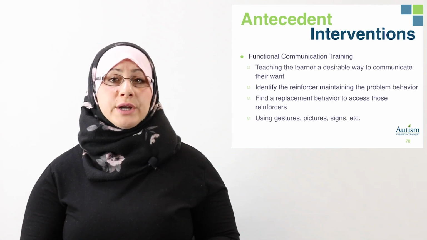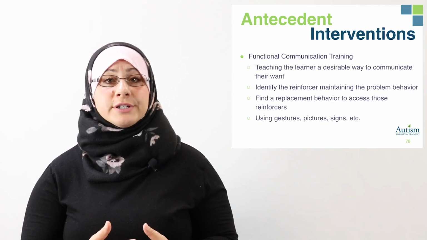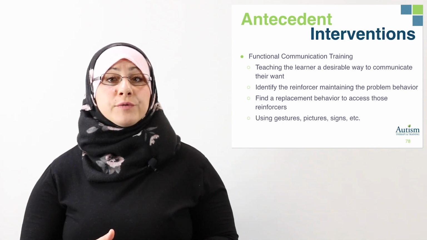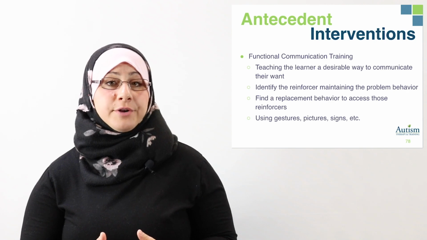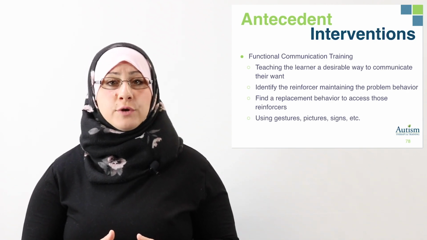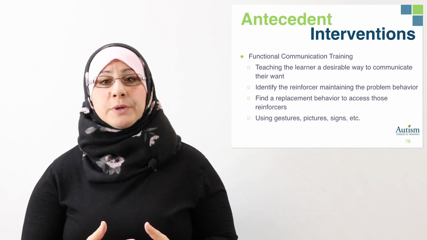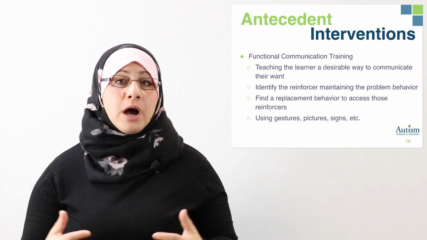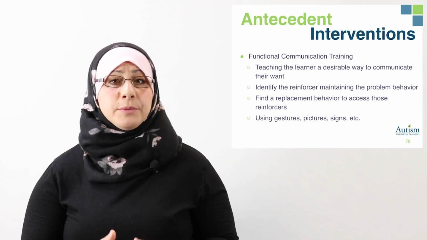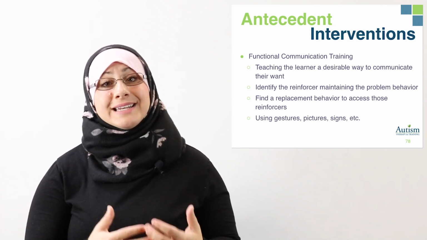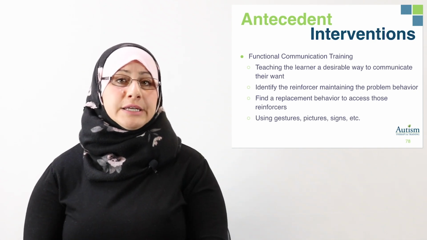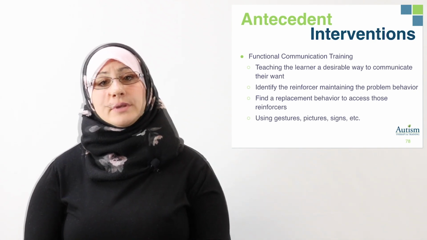Functional communication training is when you teach the learner a desirable way to communicate their want, you identify the reinforcer maintaining the problem behavior, and you find a replacement behavior to access those reinforcers. Using gestures, pictures, signs. Again, we talked about this during our MAN training class. A learner needs to know how to communicate what they want and need, so we can reduce problem behavior significantly by teaching appropriate skills.